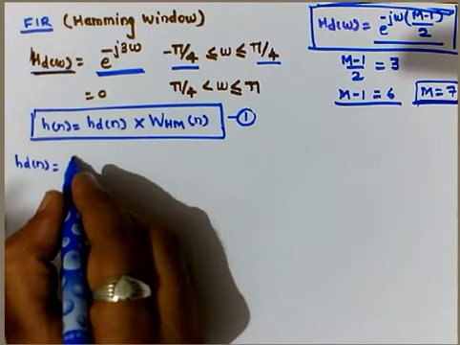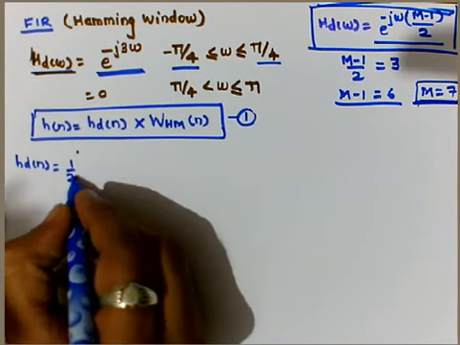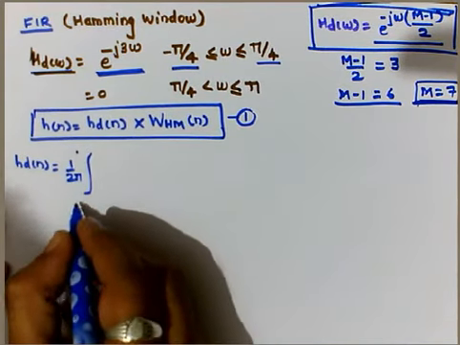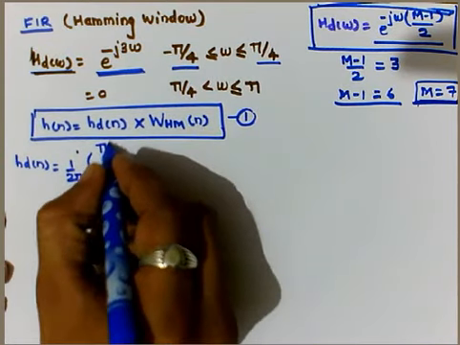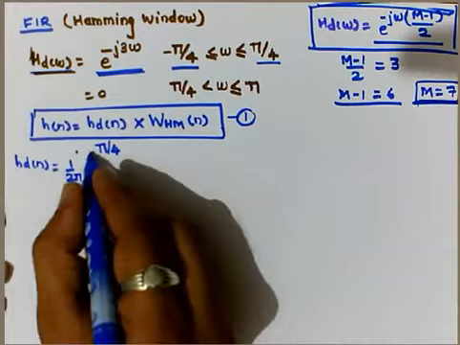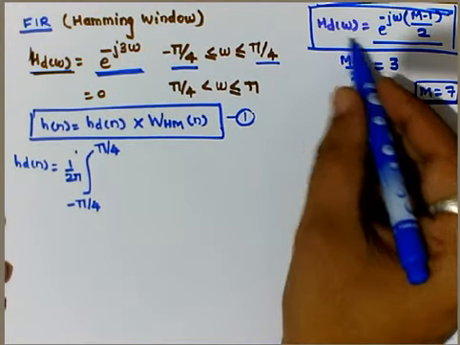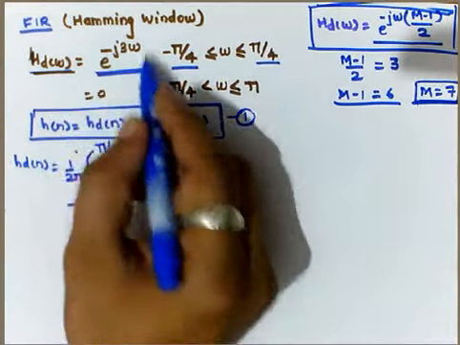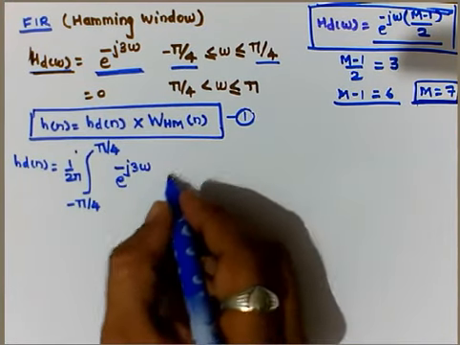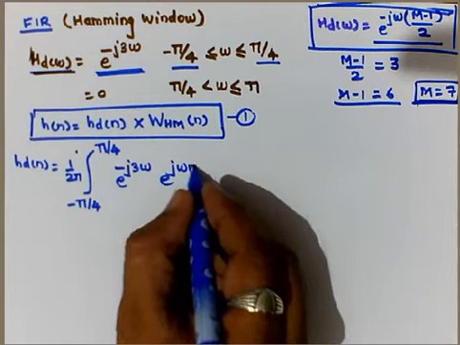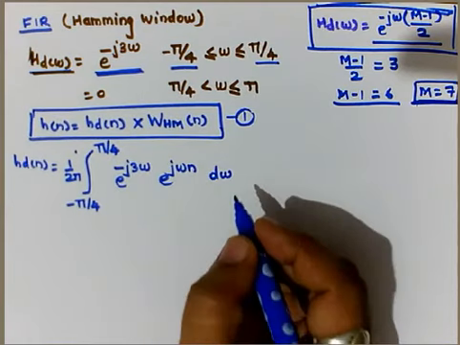which is equal to 1 upon 2 pi integral from minus omega c, meaning minus pi by 4, to plus pi by 4 of Hd of omega, that is what is given, so e raised to minus j 3 omega into e raised to j omega n d omega.